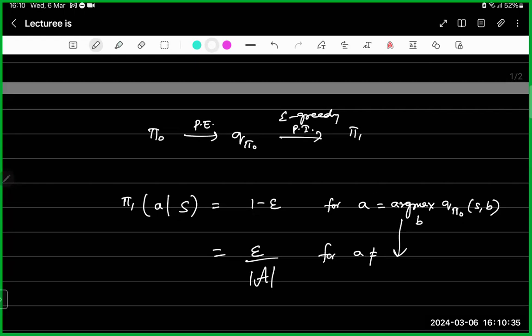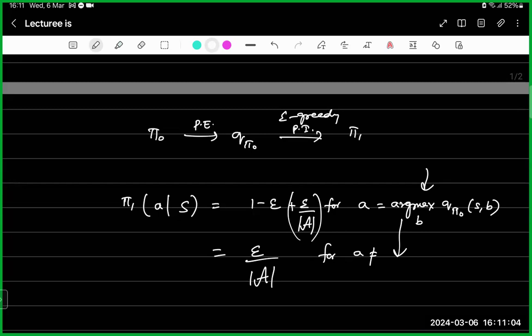Maybe here you'll have one more, because in that random action you could also play this action, right? With 1 minus epsilon probability you are playing this action. With the remaining epsilon you are playing any action at random. So every action has a probability of epsilon by mod action set. So this is the exploratory part.